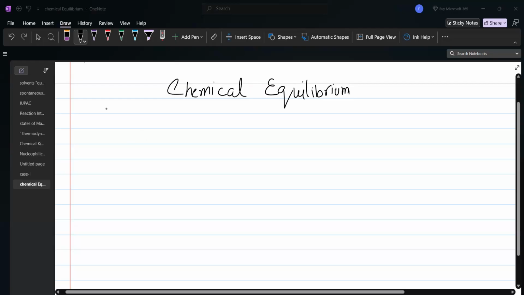So like in bio, you have to understand the concepts and mug up the things also, right? Like this maths, you cannot mug up things. You have to practice and get the understanding. Physics also is like this.